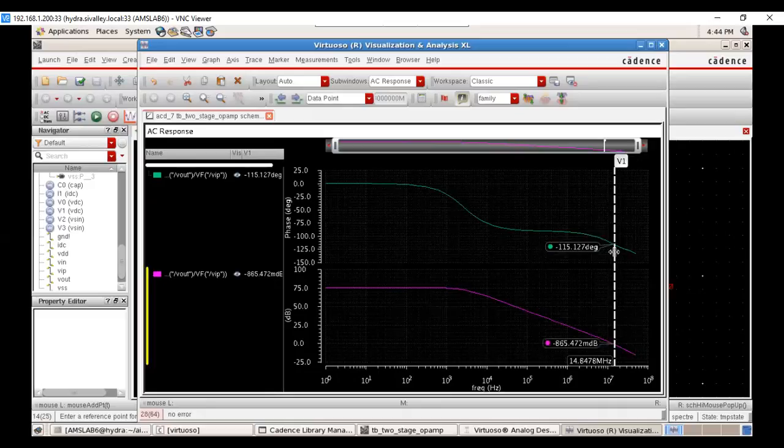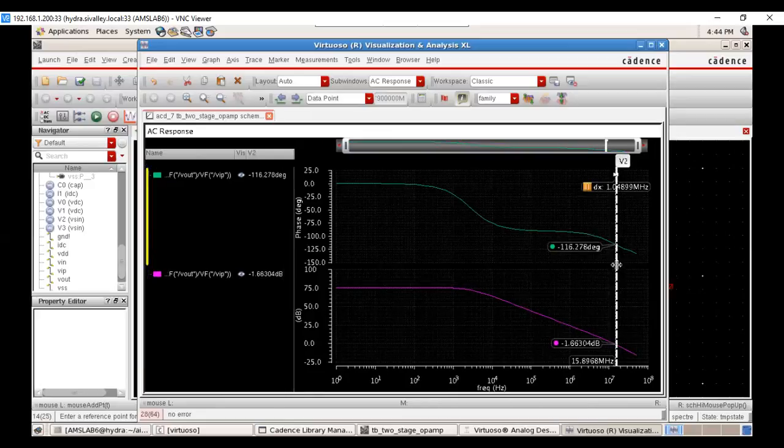See, now it's coming correct only, right? 65. Yeah. So everything is there. Simply we are struggling, man. So I don't know how that value got changed. See, 75 dB gain.